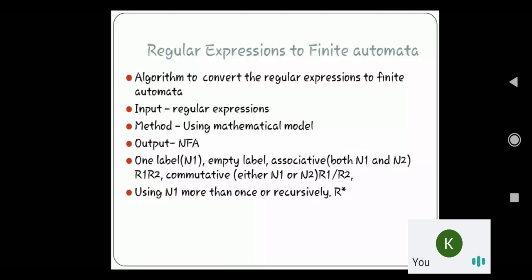So the difference between the first one and the second one is that in the first one we pass only one label. In the first example, we use NFA N1 alone, where you have two states, and we pass a single label.